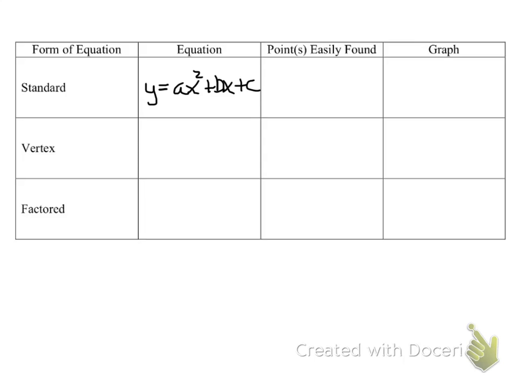If x is 0, both of those terms would be 0, and all that would be left would be the c. So the c is your y-intercept. Points easily found are the y-intercept, and the y-intercept is just x is 0, y is c.